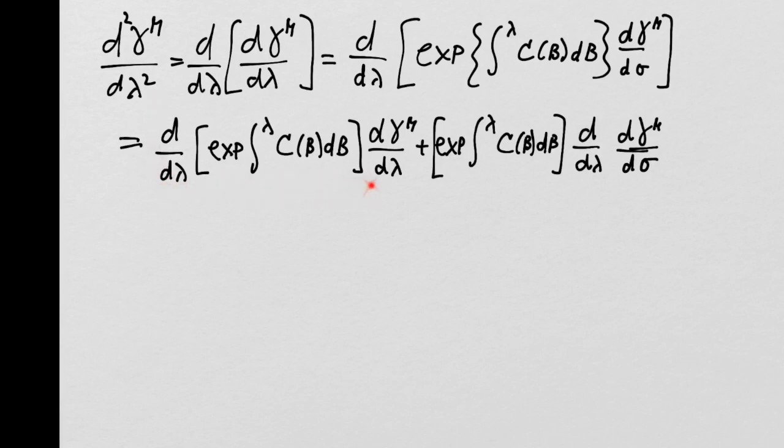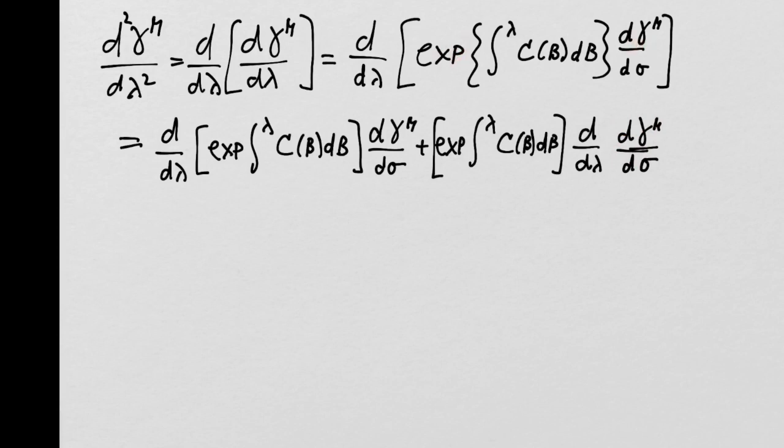This is the statement of the product rule where we're taking the derivative only of the thing in brackets, which is this exponential, multiplying it by this derivative with respect to sigma of the curve. Then I take this piece and multiply it by the derivative with respect to lambda of the second factor, where this is the first factor and that's the second factor.